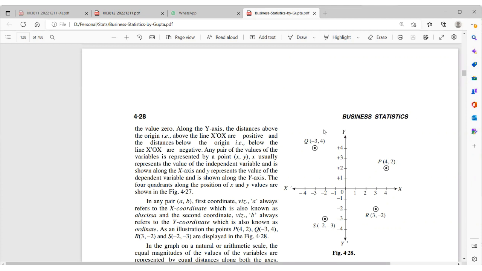First, always represent the x-axis, and the second one is the y-axis. So we make a point and circle it. Similarly, (-2, -3): x is -2, y is -3. Similarly, (3, -2): 3 is on the positive x-axis, and second, y is -2.